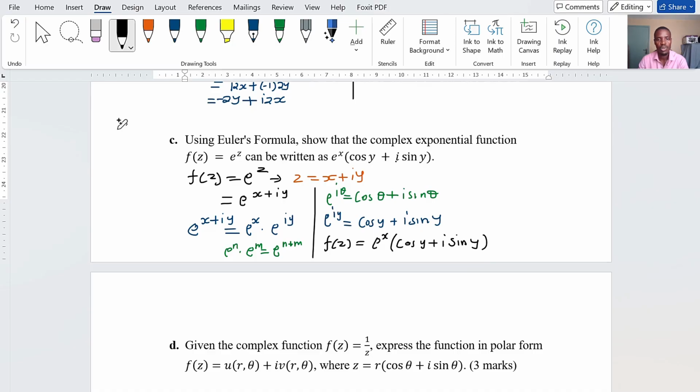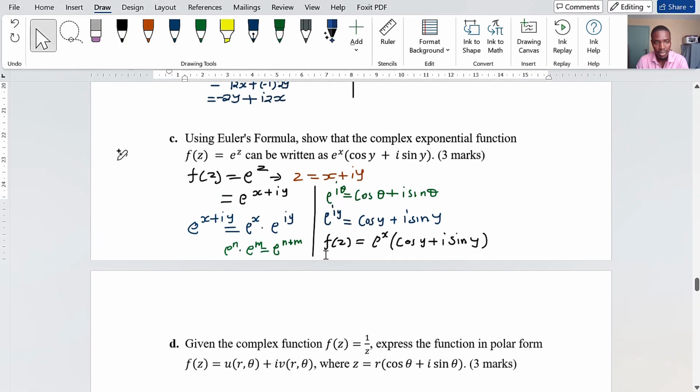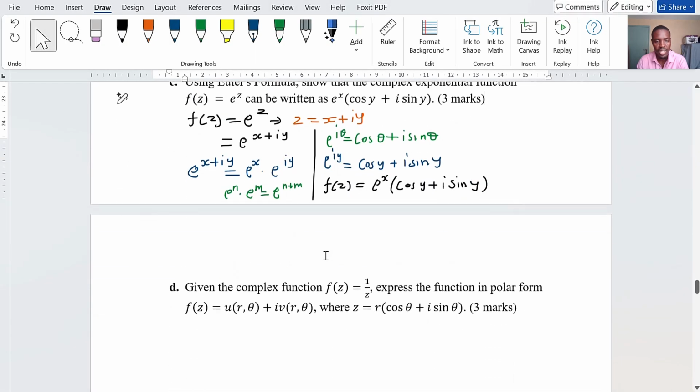And that has proved what we were told to do. e power x into cos y plus i sine y. Okay, this one also had marks, and that is 3 marks. Okay, that's it for C.